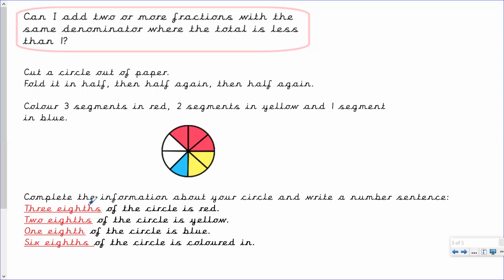So 3/8 of the circle is red, 2/8 of the circle is yellow, 1/8 of the circle is blue, and altogether 1, 2, 3, 4, 5, 6/8 of the circle is colored in. Why is it 6/8? Well, because the whole has not changed and the whole still has 8 equal parts. So have a go at writing that as a number sentence, just like we did in the previous talking time slide.